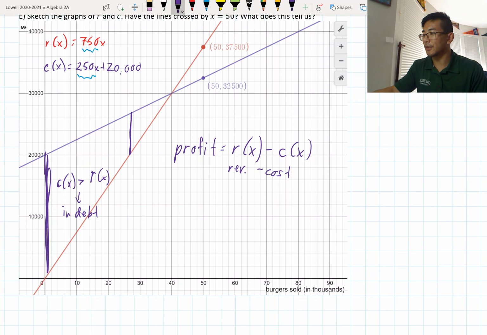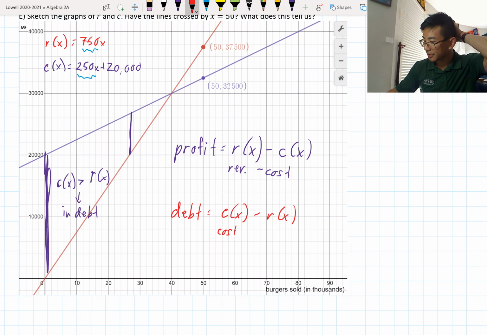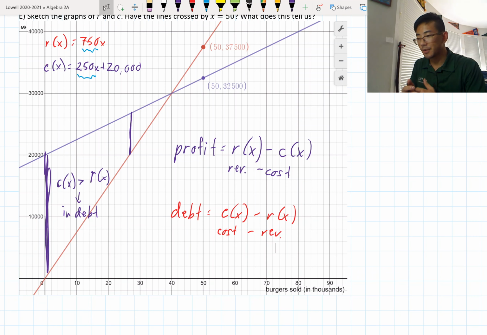Another way to think of it, in terms of debt, is how much you spent, c of x, minus the money you've earned, in other words, cost minus revenue. That's kind of beyond the scope of the question, but I wanted to show you how we could use either of these to combine the two equations and deal with this problem with just one.